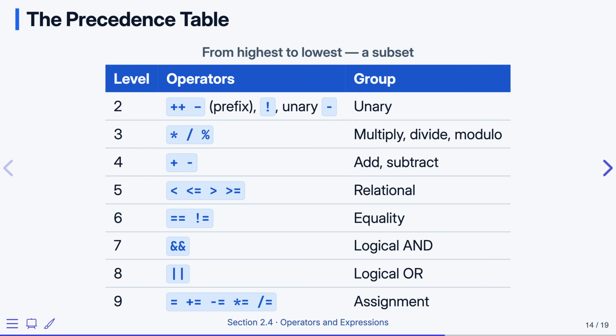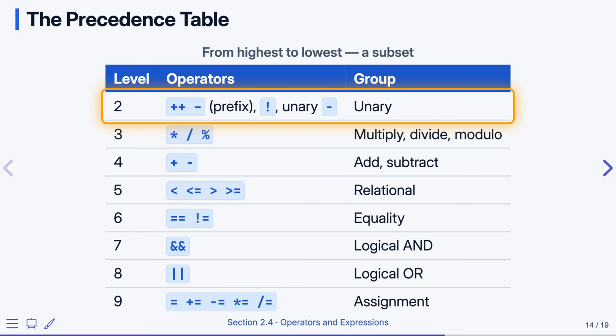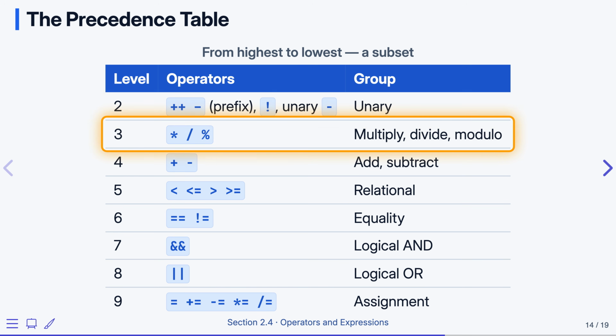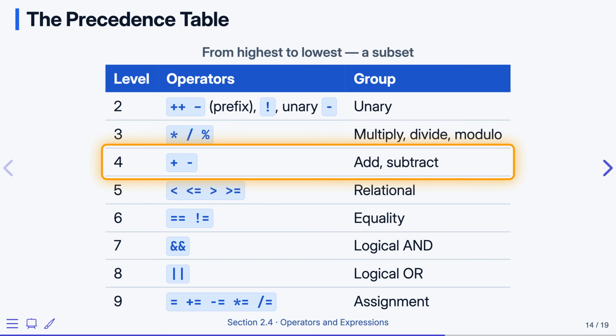Here is the precedence table for the operators you have learned, from highest at the top to lowest at the bottom. You do not need to memorize this. Focus on the patterns. The unary operators act first. That is prefix ++ and --, logical not, and the unary minus that negates a value. Next come multiply, divide, and modulo. Then add and subtract.